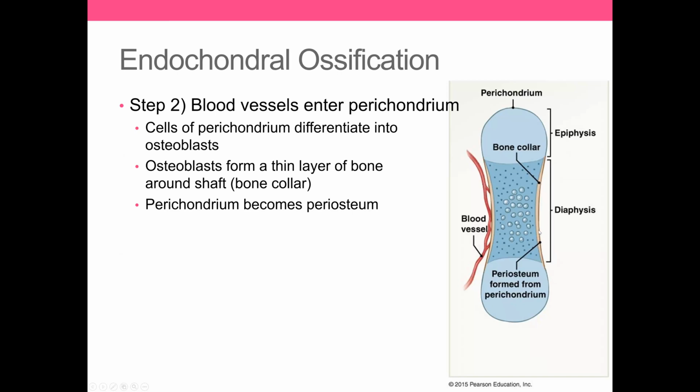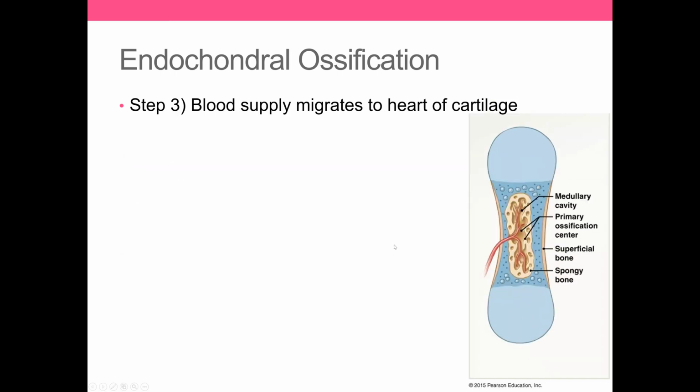At this point, we call the membrane the periosteum because now we actually have bone. So now it's the membrane lining the bone, and it's called the periosteum. It's still the perichondrium out here where there's still cartilage, but around the bone collar, it's the periosteum. So the next step is that the blood supply is going to continue to push into the cartilage, so it's going to migrate to the heart of the cartilage.